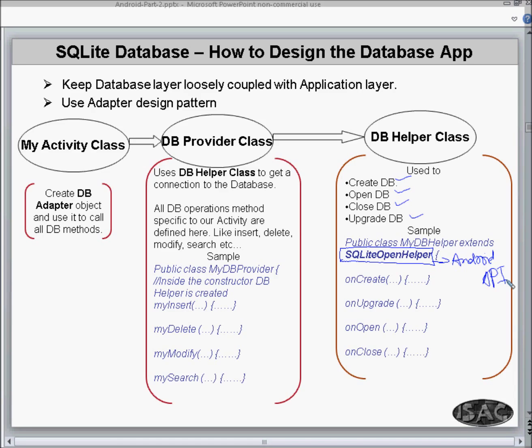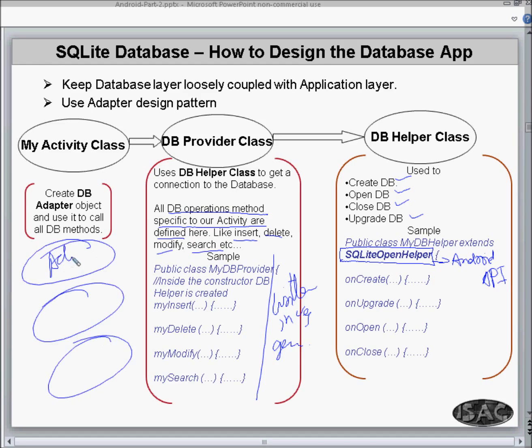The DB provider class, the benefit is that all the DB operation methods specific to our activity are defined here, like insert, delete, modify, search, but they are written in a very generic way. If you write it in a very generic way, then any activity, you can have multiple activities, B, activity C, activity D, and all of them can connect to this and just send whatever kind of data they need.